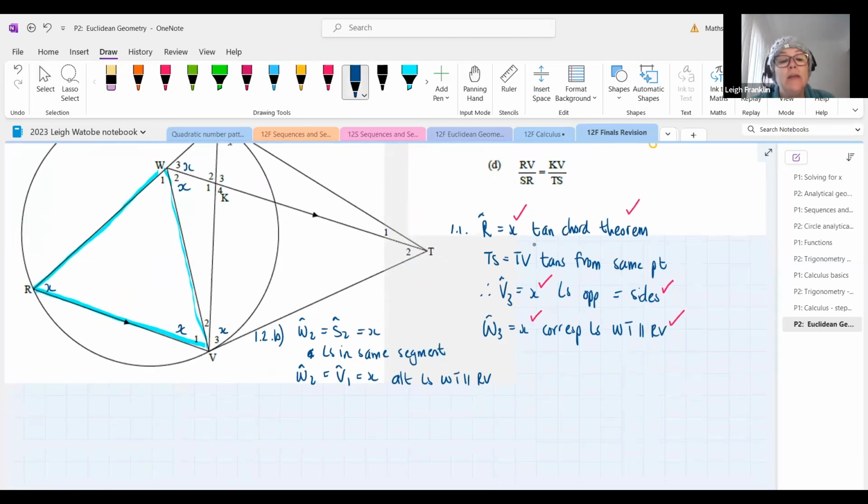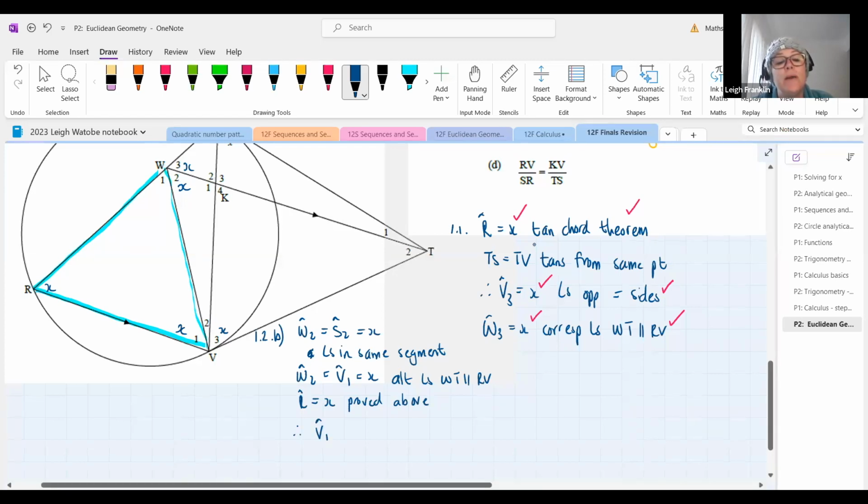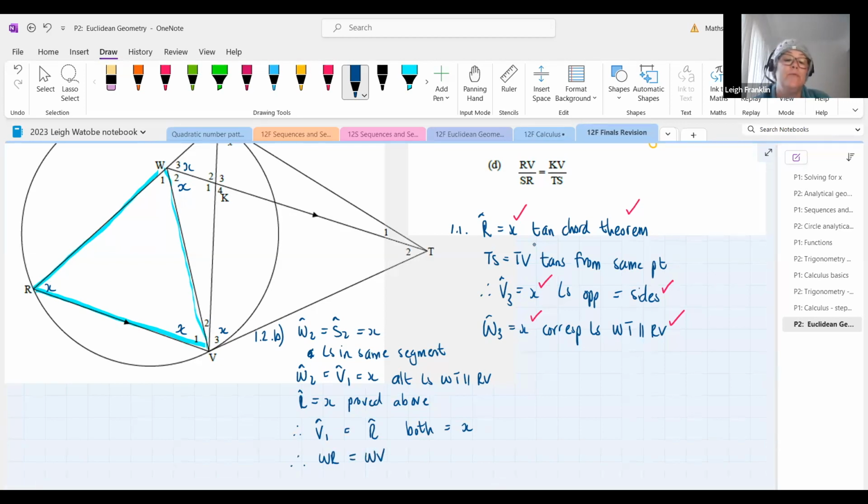And we've said that angle R is equal to X. That was proved above in 1.2. So this means that V1 equals R because they both equal X. That means that WR has to be equal to WV because they are sides opposite equal angles.